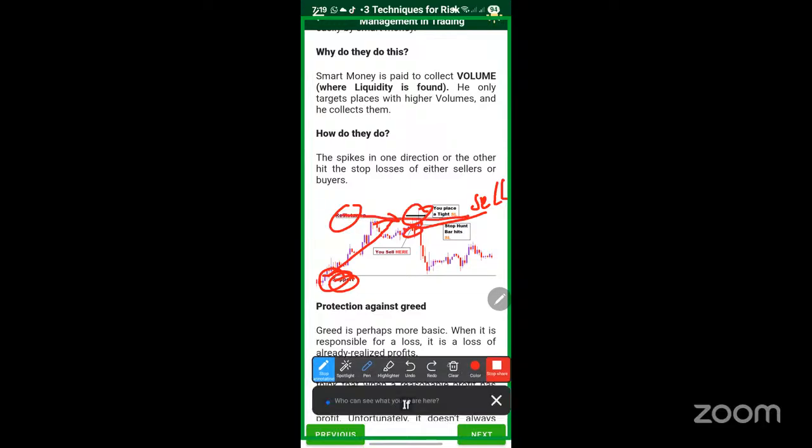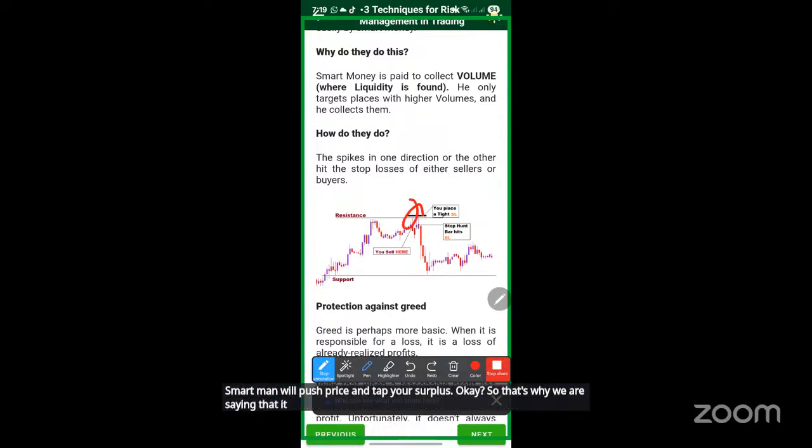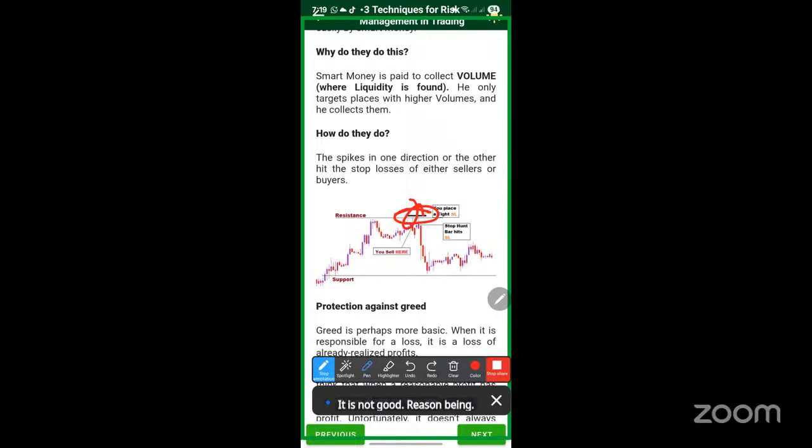If you do that and you put it just above the resistance, smart money will push price and tap your stop loss. So that's why we are saying that it is not good to just put your stop loss around here. Reason being, the smart money will hunt for volume and liquidity and liquidate you.